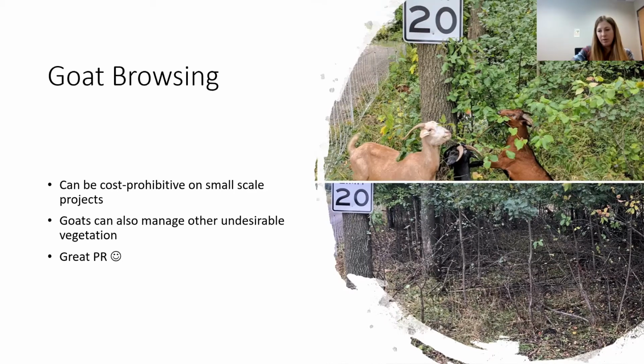The nice thing about having goats on your property is that they will manage other woody problematic species, or problematic understory species in general. A lot of people ask if goats eat poison ivy, and they do. So you can consider something like that when planning your buckthorn project. Are you going to gain some additional benefits from having some browsing?